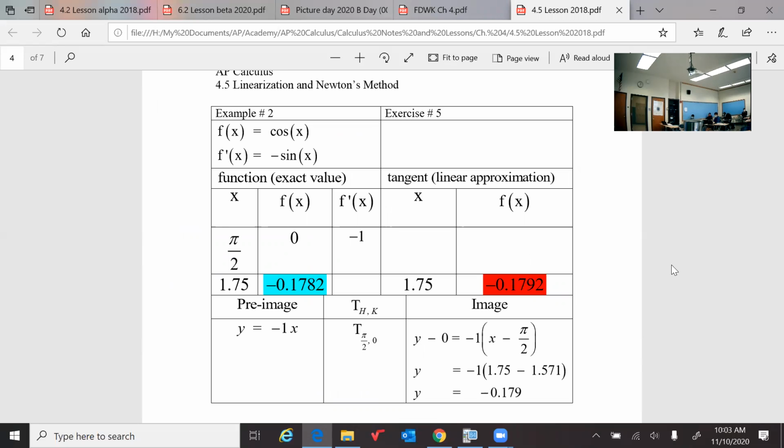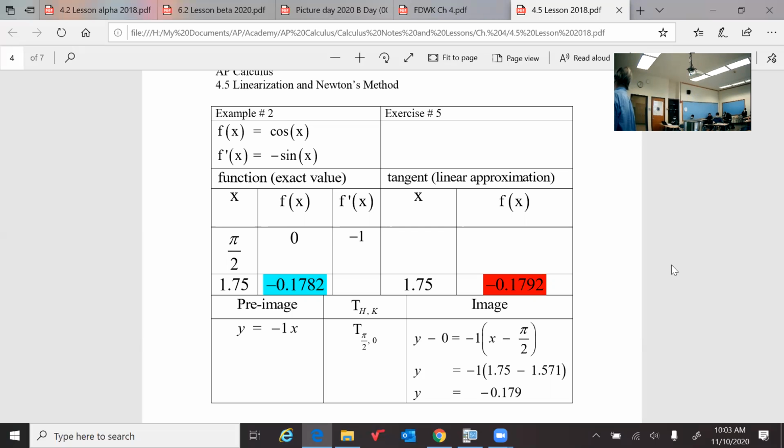They tell you where to start. They say use the value of pi over 2 to approximate 1.75. So if I put pi over 2 into the cosine, we get a 0. The sine would be your 1, so negative sine would be the negative 1. So the parent of the tangent graph is y equals negative x.